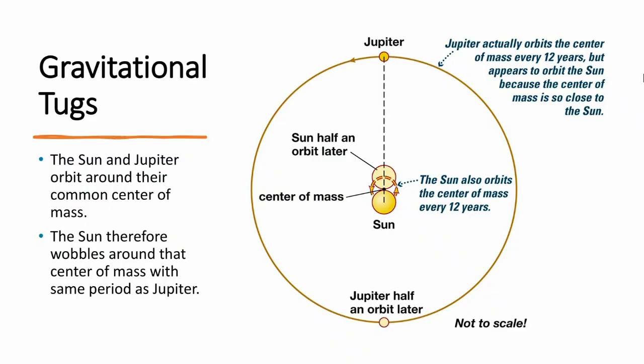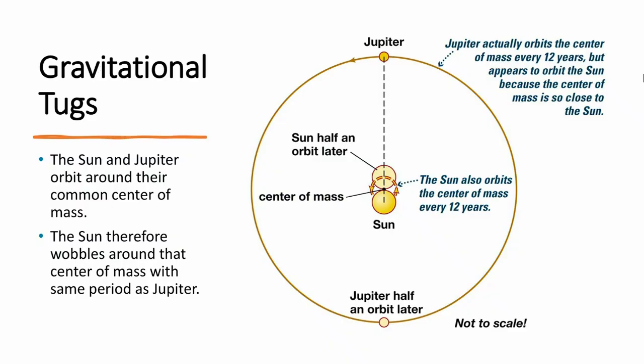So obviously, planets are very far away from this center of mass, and it just looks like they're orbiting the sun. But if you look at the sun's motion, the sun itself is actually moving. And so it's orbiting about the point that is the center of mass of everything in the solar system. And so this period of the sun's motion about the center of mass of the solar system is about a 12-year period.